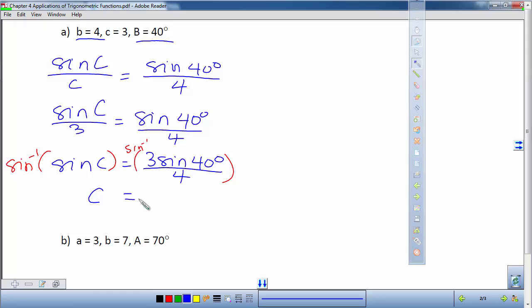Okay, sine inverse of 3 times sine of 40 degrees divided by 4. We get 28.8 degrees. Okay, questions about that?